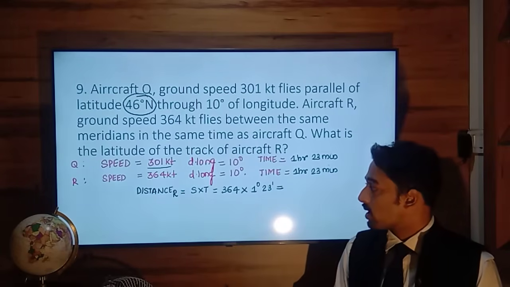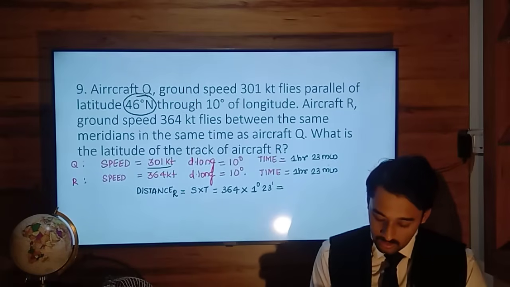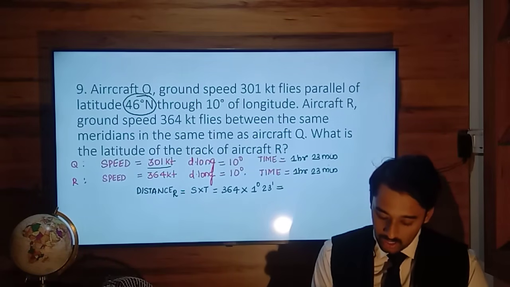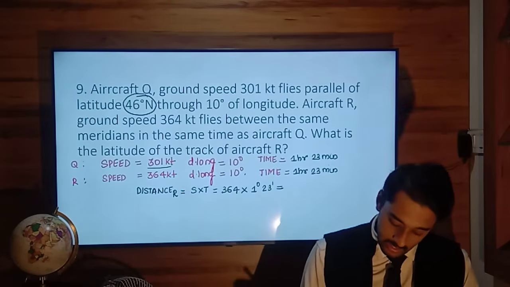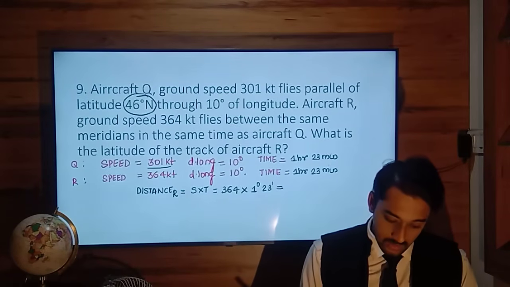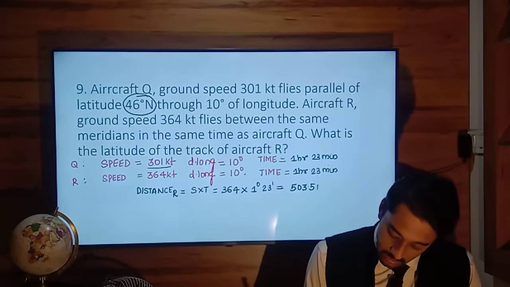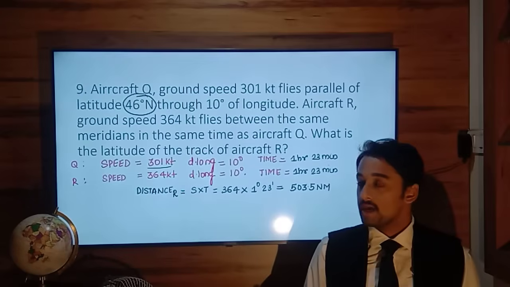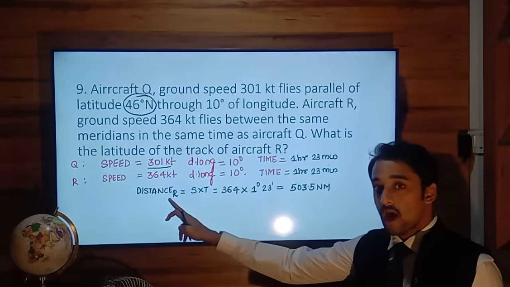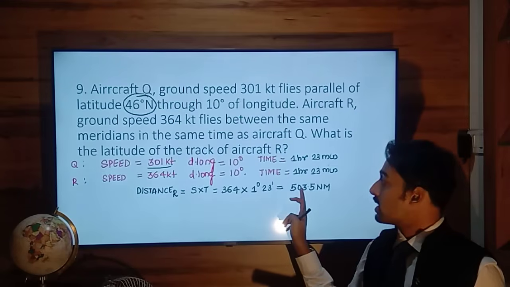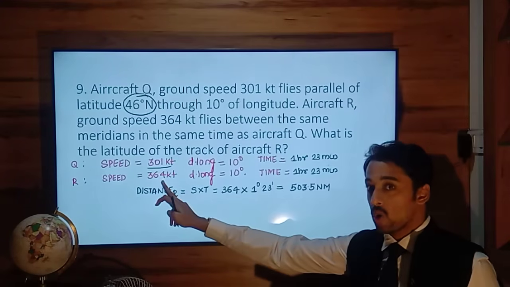Multiplying both, 364 times 1 hour 23 minutes is equal to 503.5 nautical miles. So the distance covered by aircraft R is 503.5 nautical miles at a speed of 364 knots.